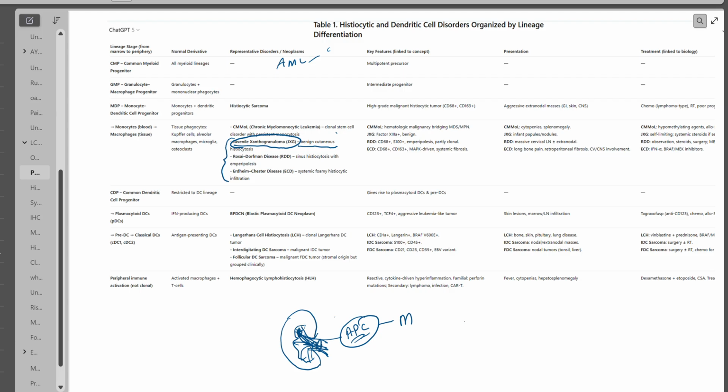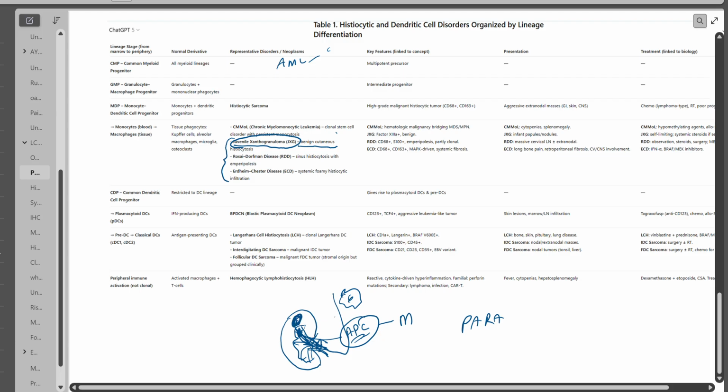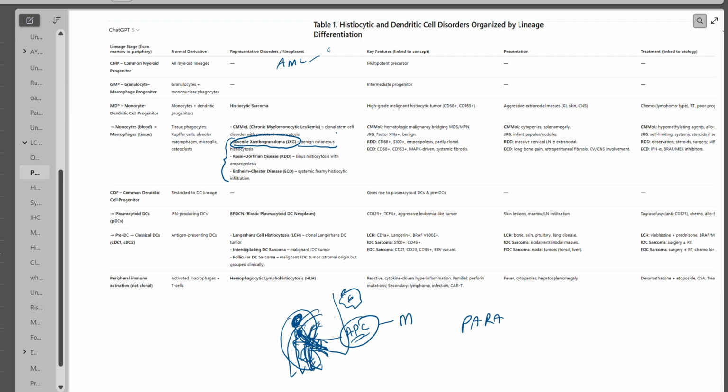In the medulla and the paracortex, you have an antigen presenting cell. It comes to the medulla and goes to the cortex, presents it. So if you slice the sinus of the lymph node, you will find a lot of histiocytes or macrophages. So if there is proliferation of a bulky lymph node with sinus histiocytosis, you should say it is Rosai-Dorfman disease. And if you are talking about systemic foamy histiocytic infiltration, it's called Erdheim-Chester disease.